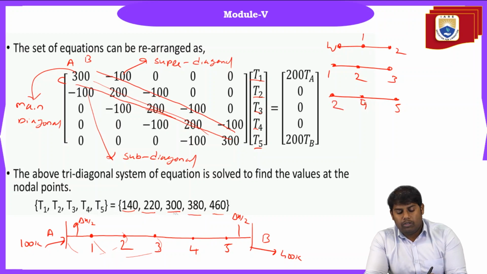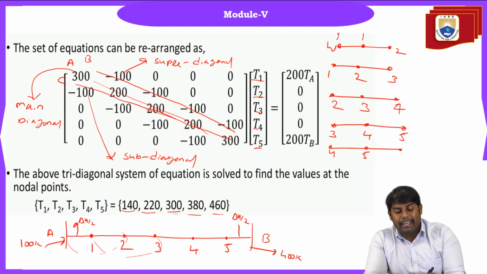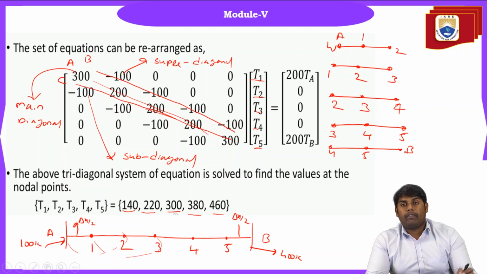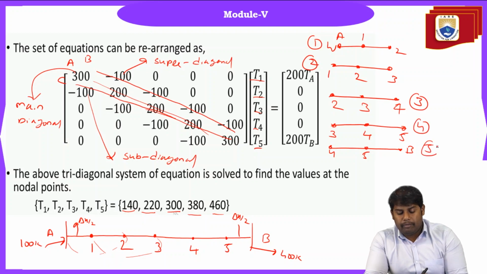Here it will be 2, here 3, here 4. Third element, next 3, 4, 5. Fourth element and the fifth element, 4 and 5. This is A and this is B. So this is the first element, second, third, fourth, fifth.